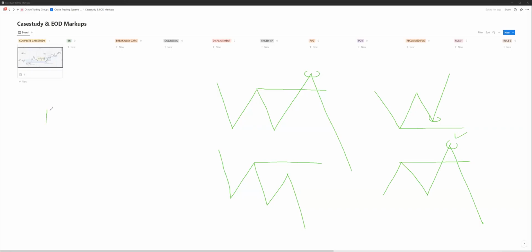Another one would be NQ and ES, right? So GU, EU, or DXY, AUD USD with NZD USD, right? And this is applicable on all time frames.